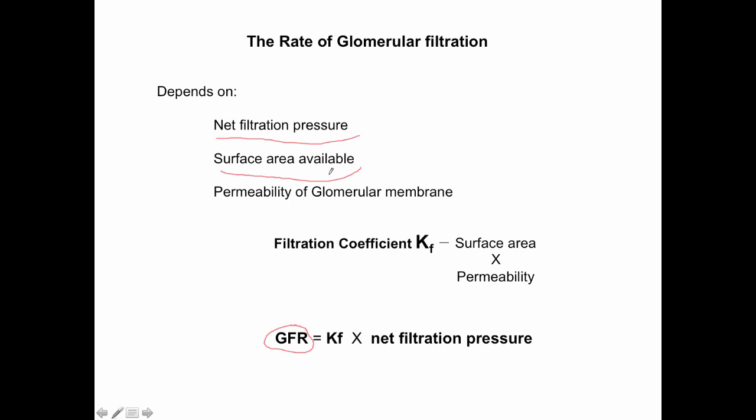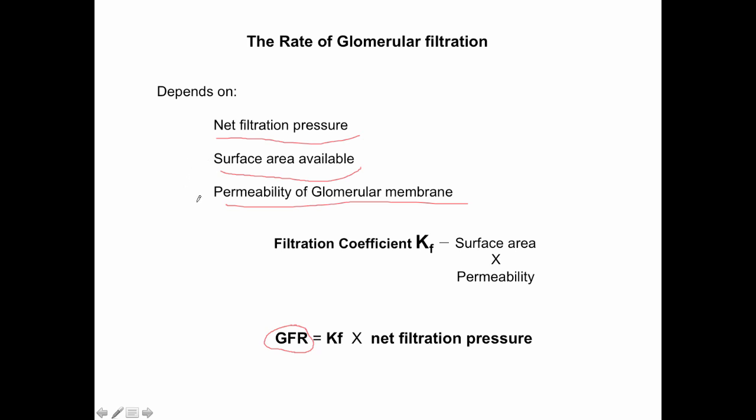And surface area is really how many functioning nephrons you have. And it's also dependent on the permeability of the glomerular membrane. So a healthy glomerular membrane has a certain level of permeability. If glomerular membranes become injured and scarred, then permeability will go down.